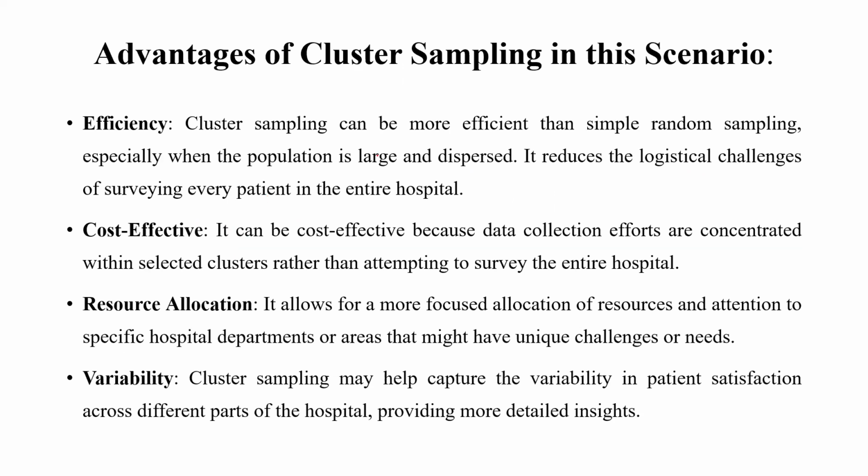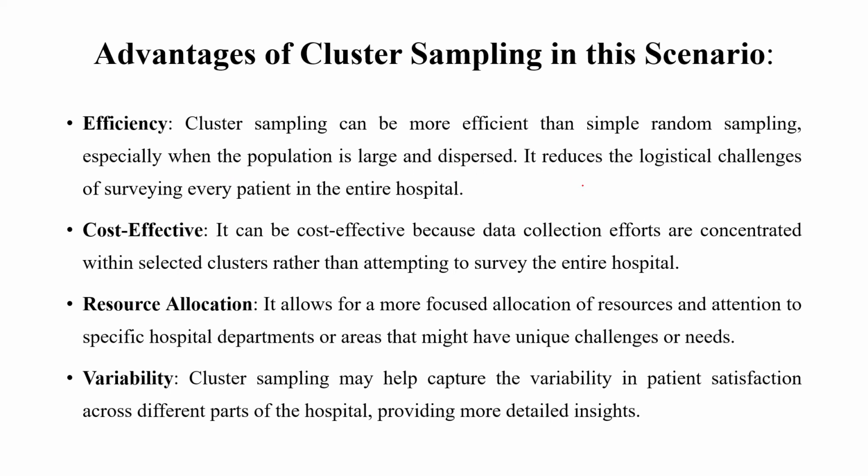A few advantages of cluster sampling in this particular scenario of hospital clusters. The first point is efficiency. Cluster sampling can be more efficient than simple random sampling, especially when the population is large and dispersed.